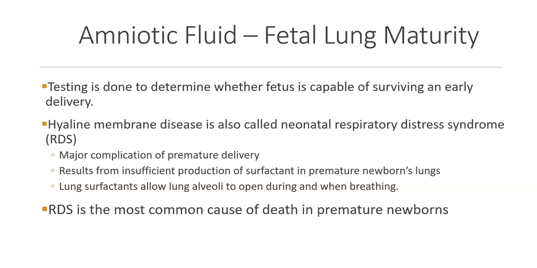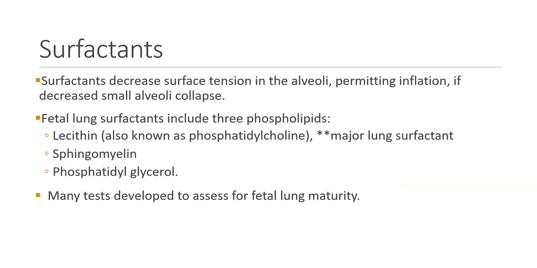If they're unable to do this, the baby doesn't get enough oxygen and bad things happen. RDS is the most common cause of death in premature newborns. The role of surfactants is to decrease surface tension in the alveoli in the lungs, permitting inflation. If surfactants are decreased, the small alveoli will collapse.